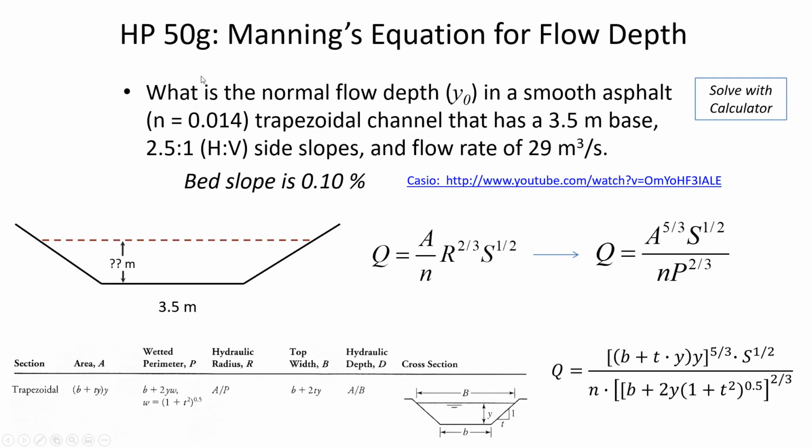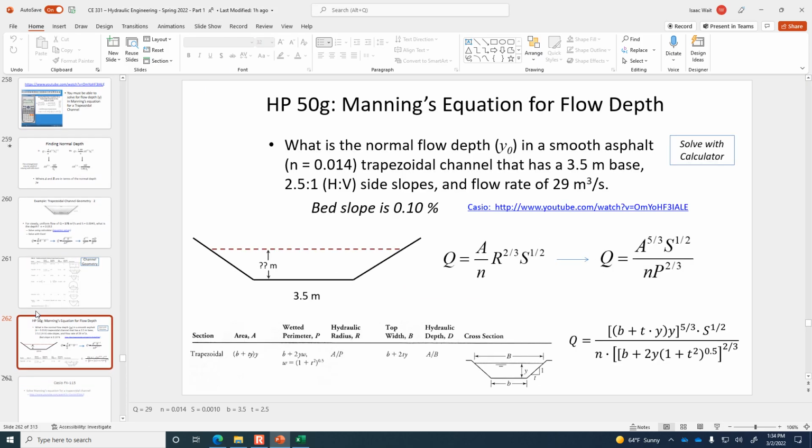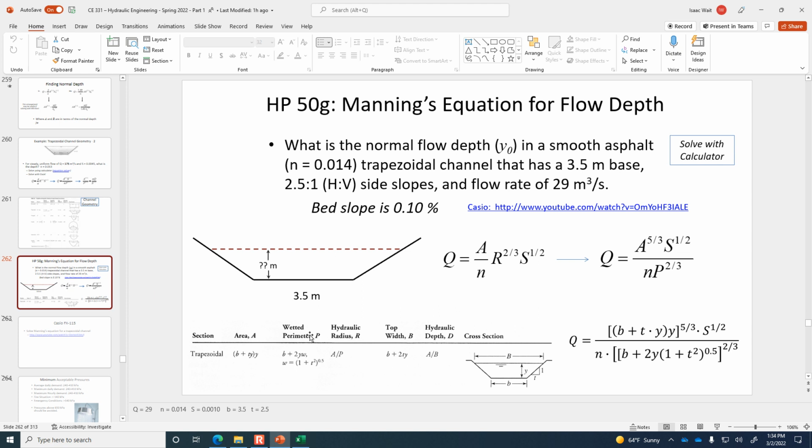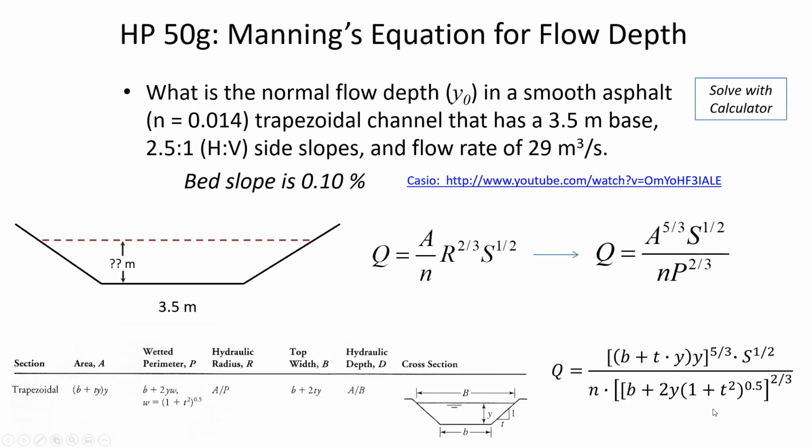All right, let's practice with one more open channel here. Rather than talking you through this one, I'm going to pause and allow you to use either the Casio calculator or just manual iteration where you're trying and updating different y values, or the same approach that we did just now.